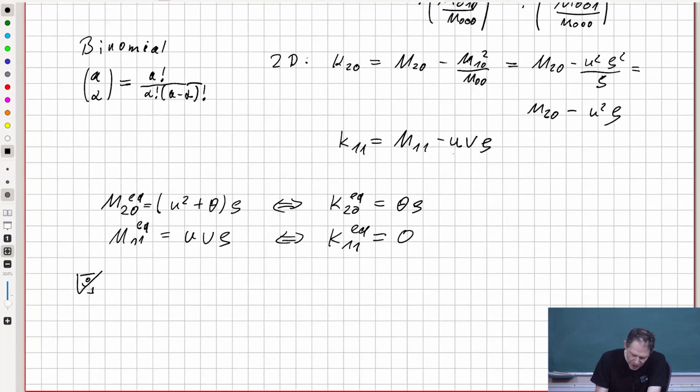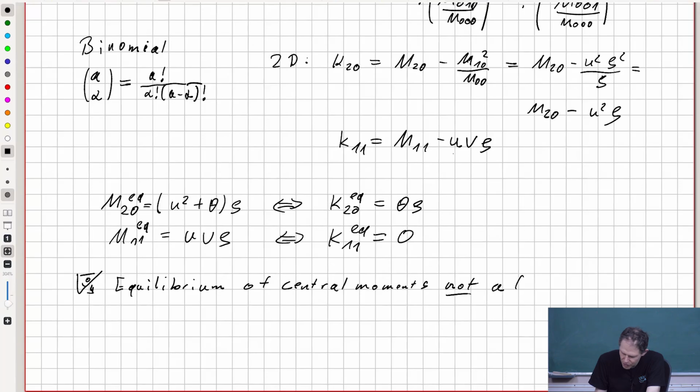Because when we are in central moments, then the equilibrium of these central moments is not a function of the velocity.